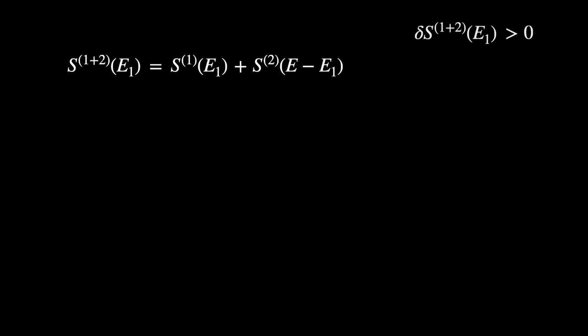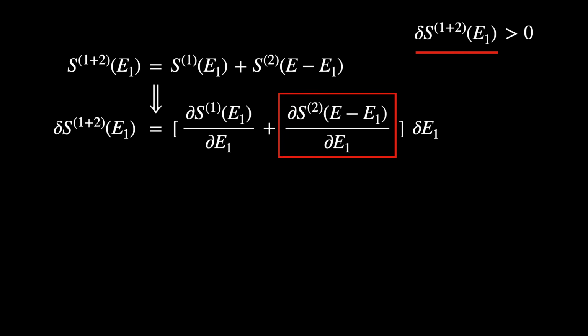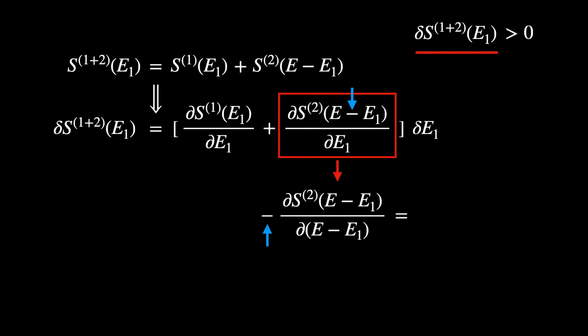Let's calculate the change in S1 plus 2 with respect to the change in E1 as things move towards thermal equilibrium. We can rewrite the second term as a partial derivative with respect to the argument of S2. A minus sign needs to be included, which is attached to E1. This is just the negative of the derivative of S2 with respect to E2.